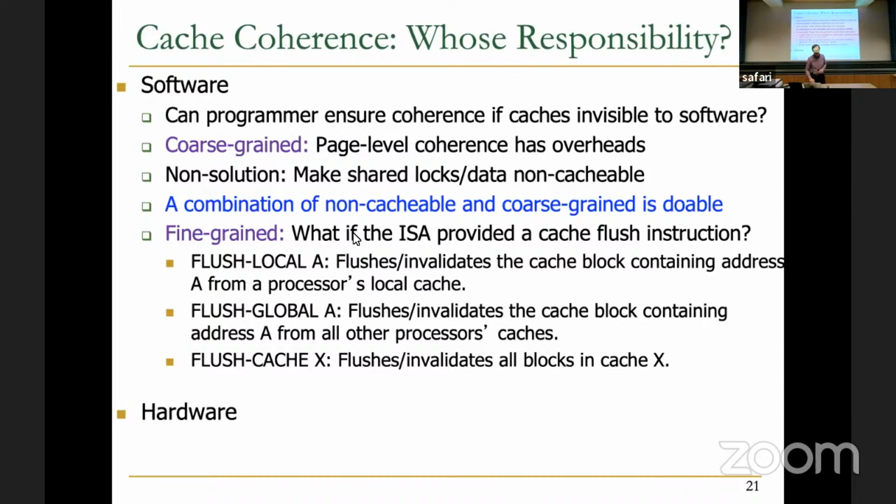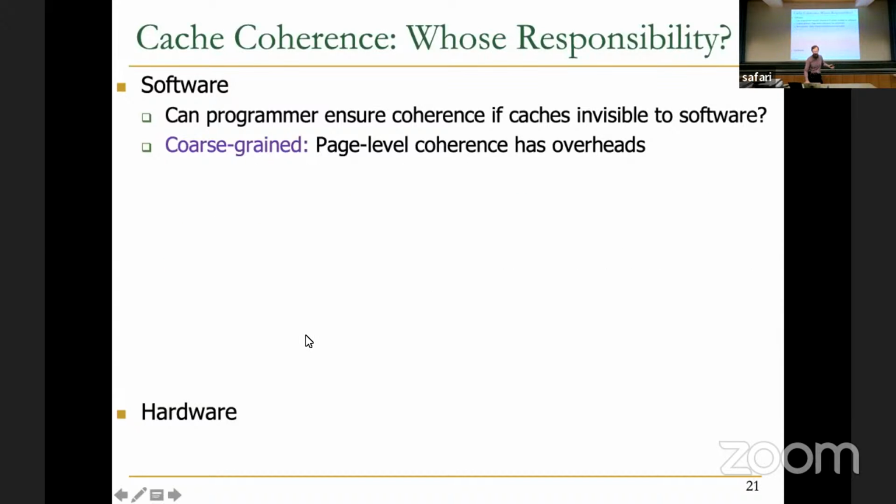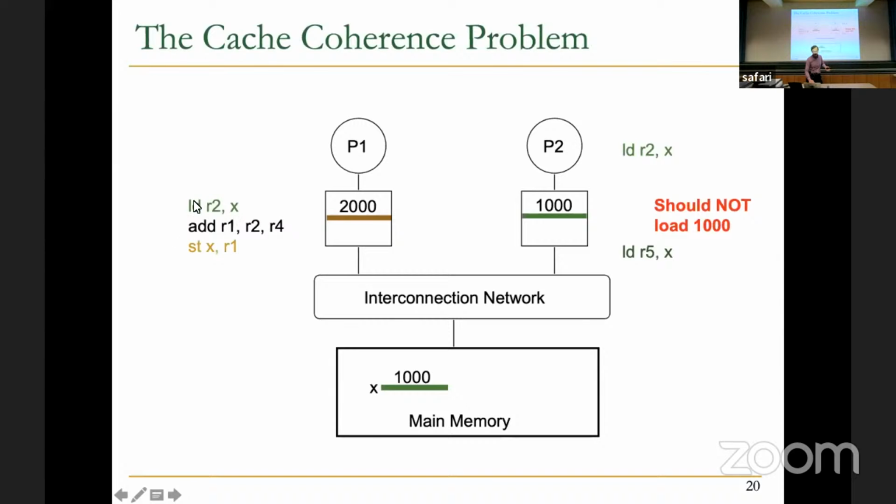You can imagine some instructions that flush-invalidate the cache block containing address A from a processor's local cache. Or you can imagine a flush global instruction, which flush-invalidates the cache block containing address A from all other processors' caches. So for example, if you go back to this picture, if this processor, while it wrote to 2000, also sent a flush global, all of the other processors would receive the flush global and they would invalidate this block so that no one would have 1000 anymore, right?